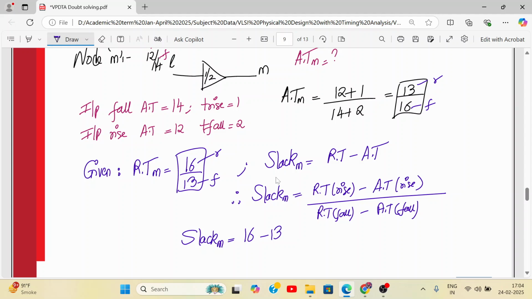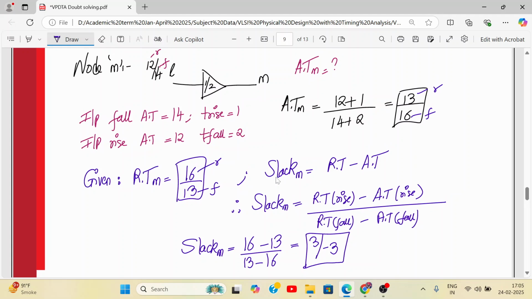So this is 13 minus, required time of fall will be 13, and here it is 16 minus 16. So it is 3 by minus 3. Please don't divide it. It's not a division. 3 by minus 3 will be minus 1, but that's wrong. It's a rise and a fall. Alright. Is this clear? Alright.